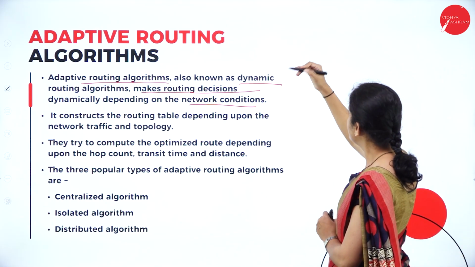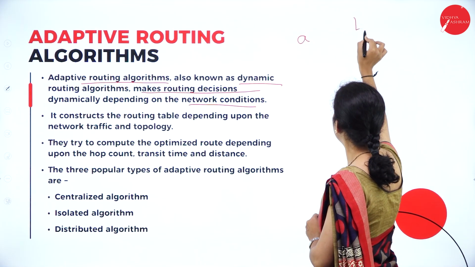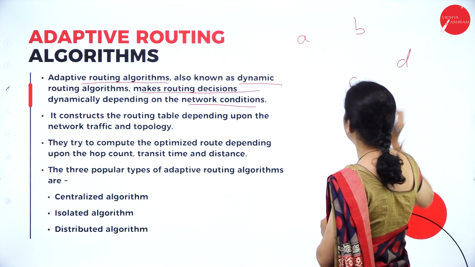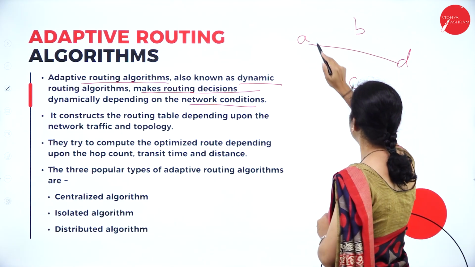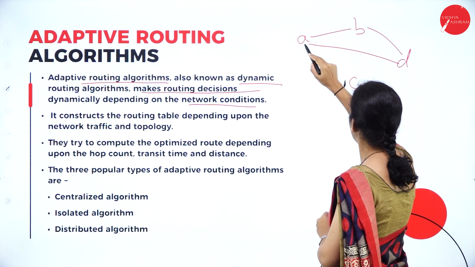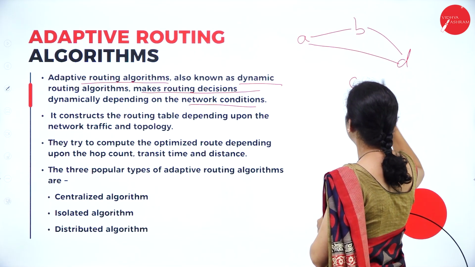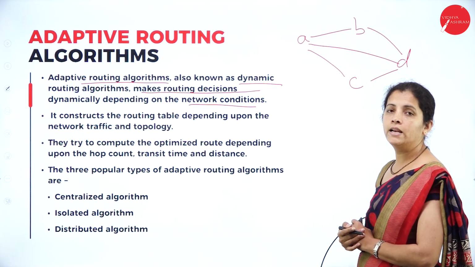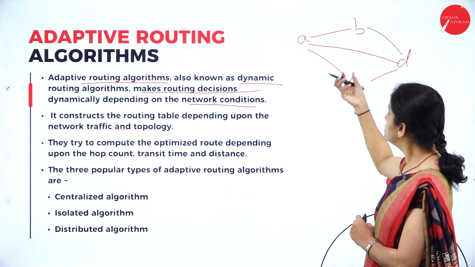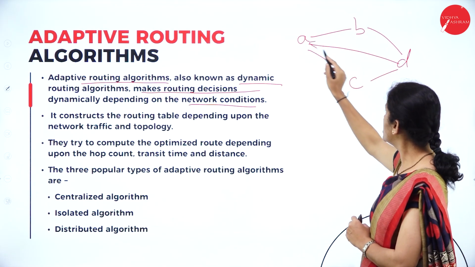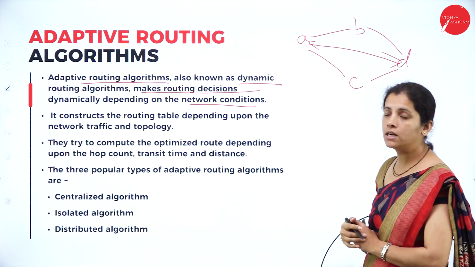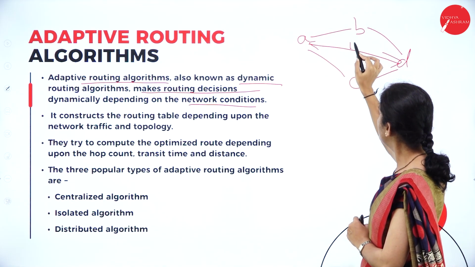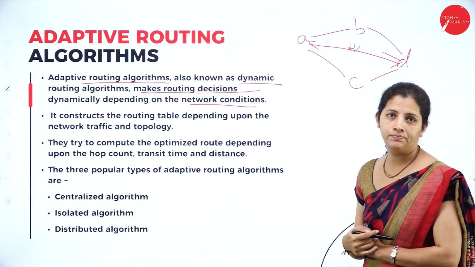Okay, fine. See here, I have A, B, C and D. One is A to D, another possibility A to B to D or A to C to D. Okay, and if I consider this diagram, this is the shortest path, but it is fully congested.